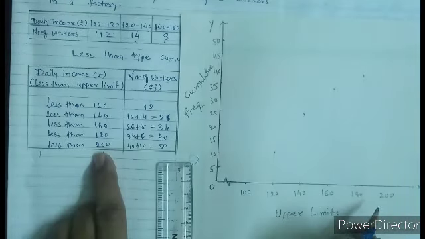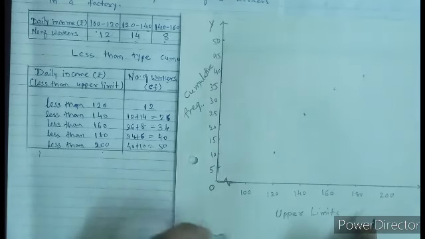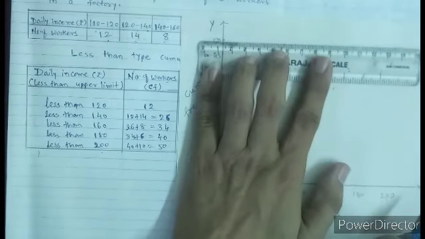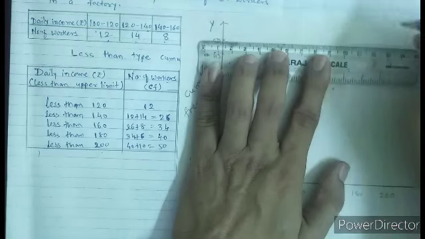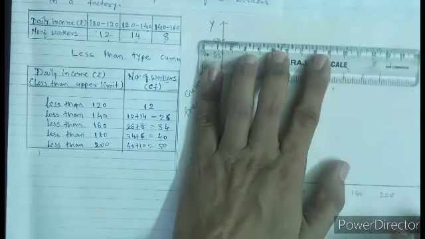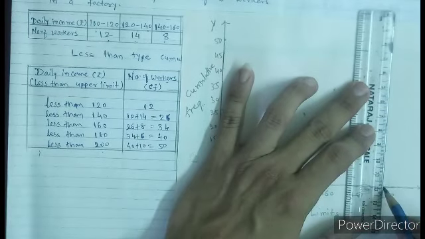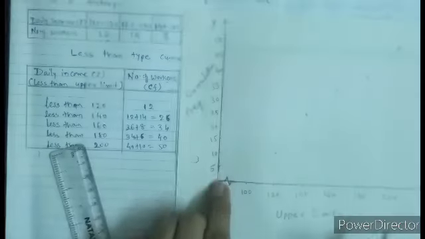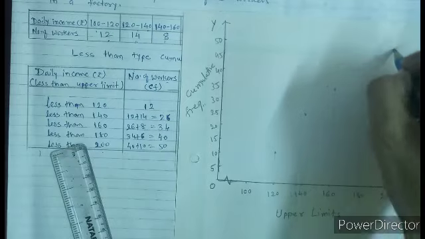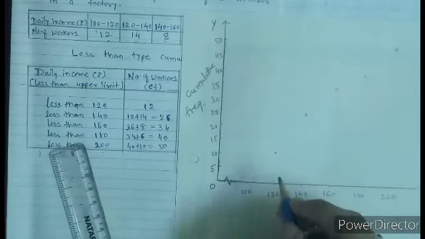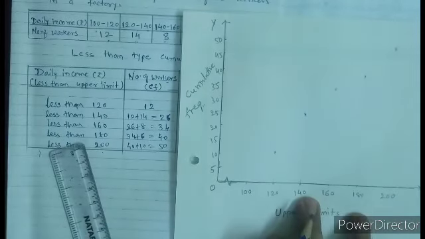And finally I want less than 200, which is 50 at cumulative frequency. So at cumulative frequency 50, here it is 200. So this is the point 200 and 50. So these are the points which I have obtained on the graph page.